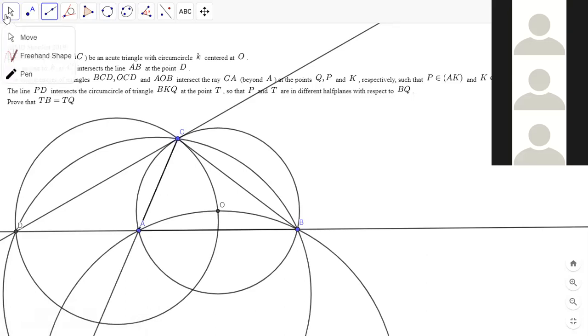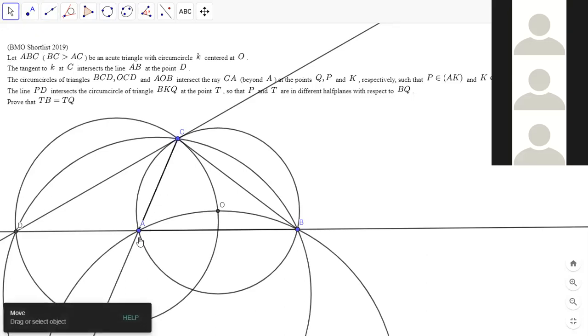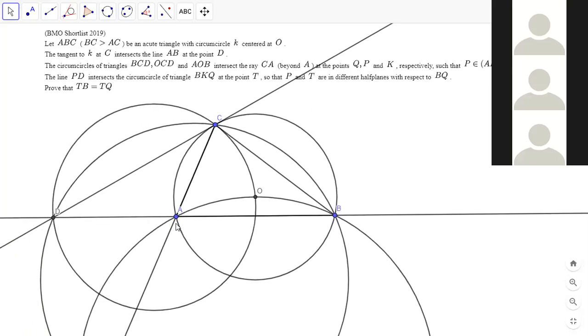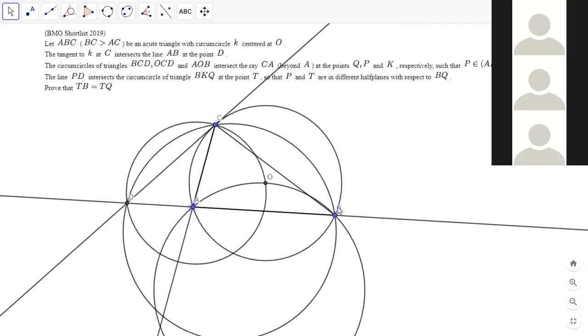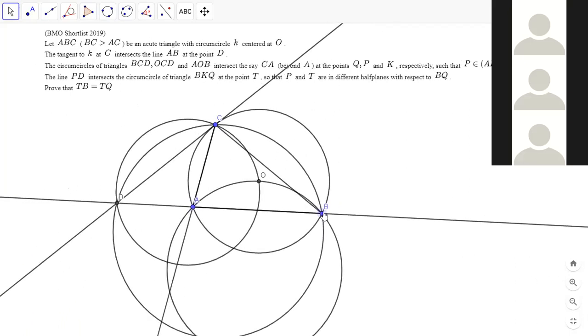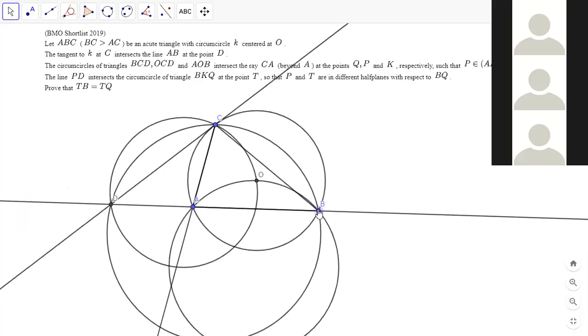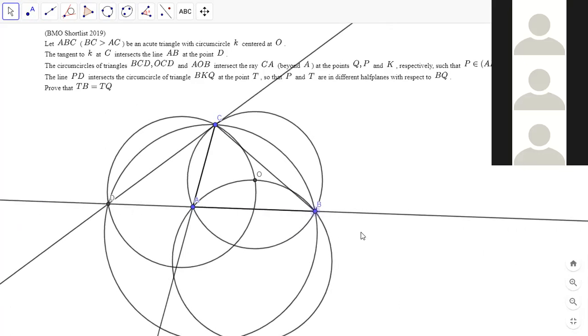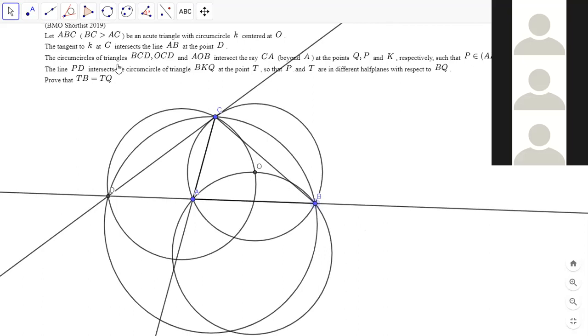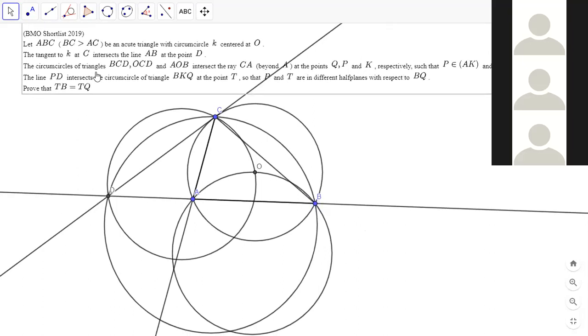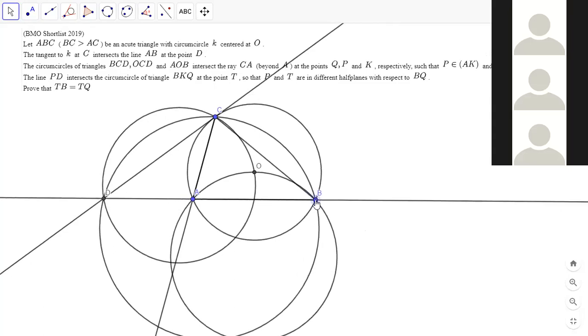Now this looks tricky. I kind of like this diagram actually. It looks fun. So let me just make this a little straighter.